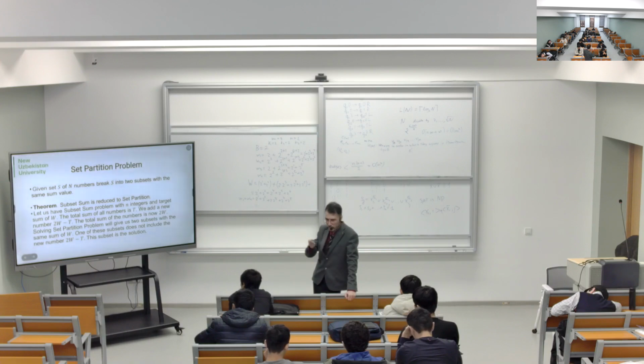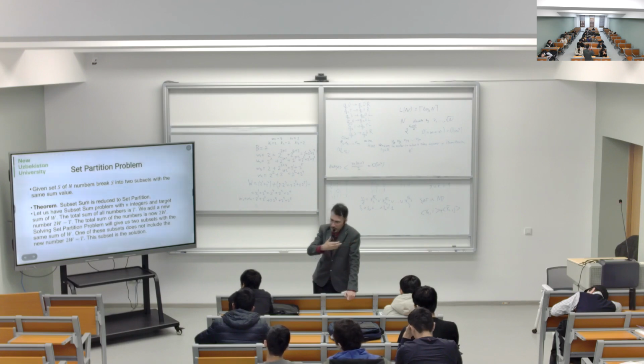We can calculate the sum of all numbers in linear time. Then we add a new number, twice w minus t. So what is the sum of all numbers now? The sum was t, and now we add twice w minus t.